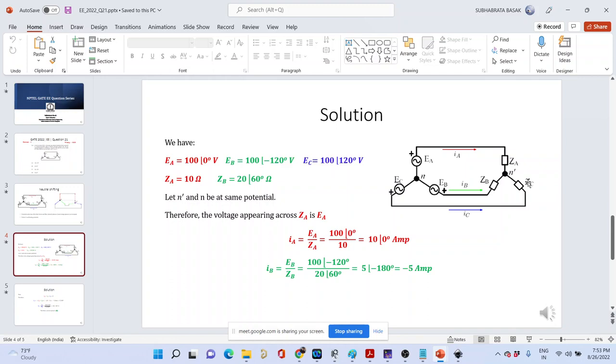Can anybody in the audience say how would you do that? If IA, IB, IC are unknown to us, EA, EB and EC are balanced sources, ZA, ZB and ZC are unbalanced loads. How would you approach the sum in such a case?